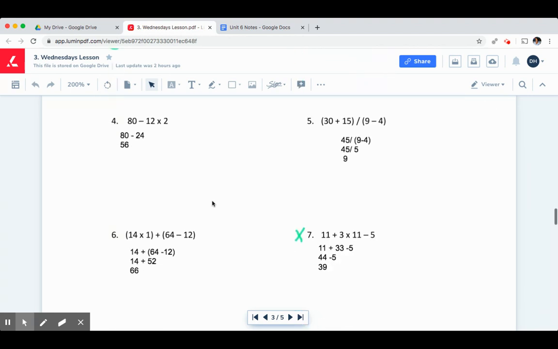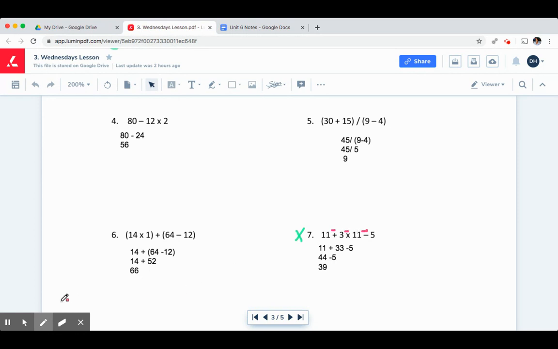Next, we'll go over number 7. Number 7 was 11 plus 3 times 11 minus 5. What operations are happening in number 7? There's addition, multiplication, and subtraction.